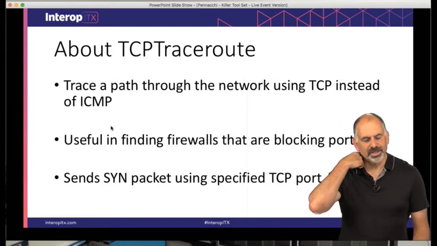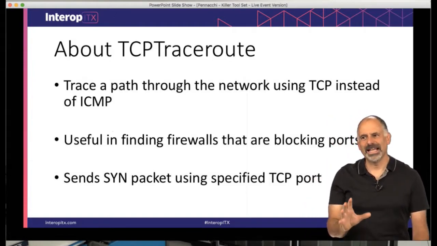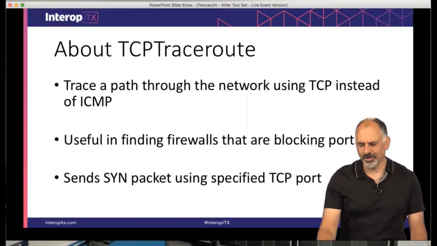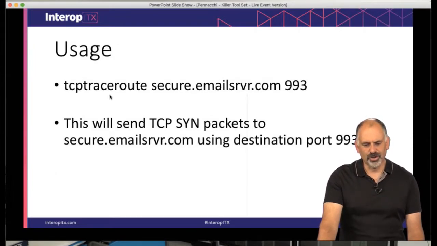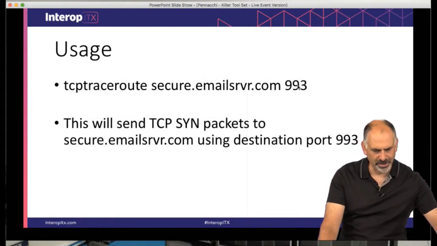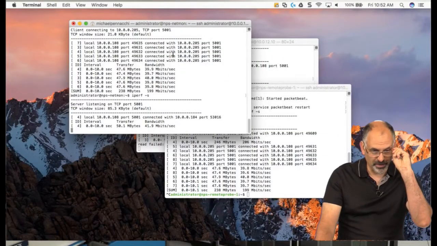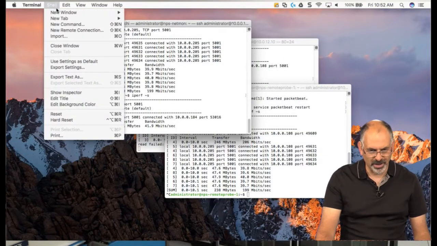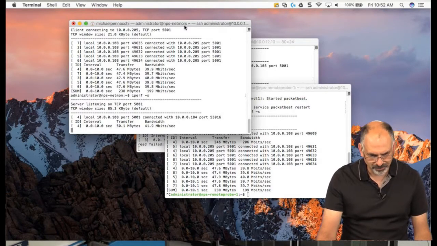Now, with TCP traceroute, it uses TCP SYN frames to do the same thing. So in this case, if I wanted to trace a path to my email server using port 993, let's come in here. I've set this up on, well, we'll do it from one of my Linux boxes here.